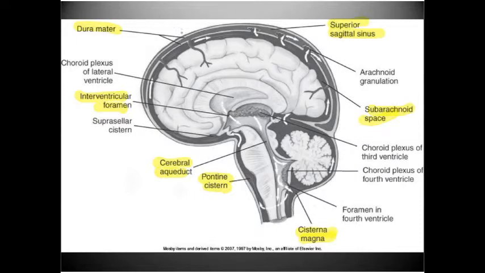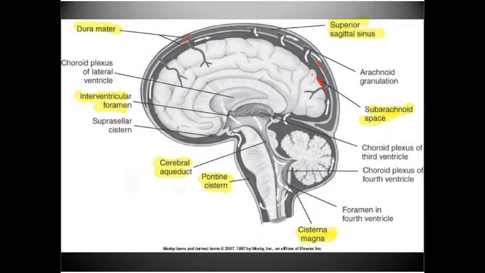As we can see, we have the dura mater here and here. And then we have the arachnoid, subarachnoid space, and then the pia mater actually covering the brain.